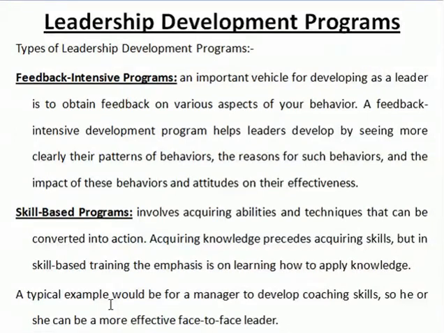This involves acquiring the abilities and techniques that will help them convert learning into action. Usually we say this is acquiring knowledge, and this is acquiring skills. But as I told you, emphasis is given to how learning can happen by using the skills, and how application can be done using one's own knowledge. A typical example is a manager developing coaching skills.